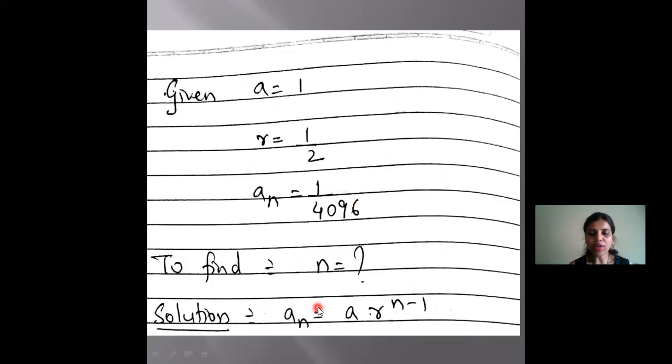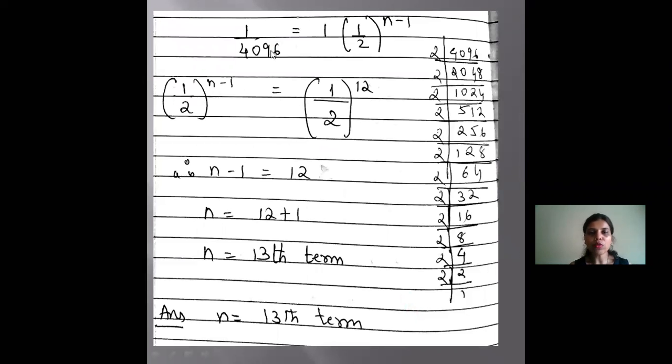So for this we have taken the formula as An is equal to A into R raised to n minus 1. So here when we substitute, 1 upon 4096 is equal to 1 into bracket half raised to n minus 1.